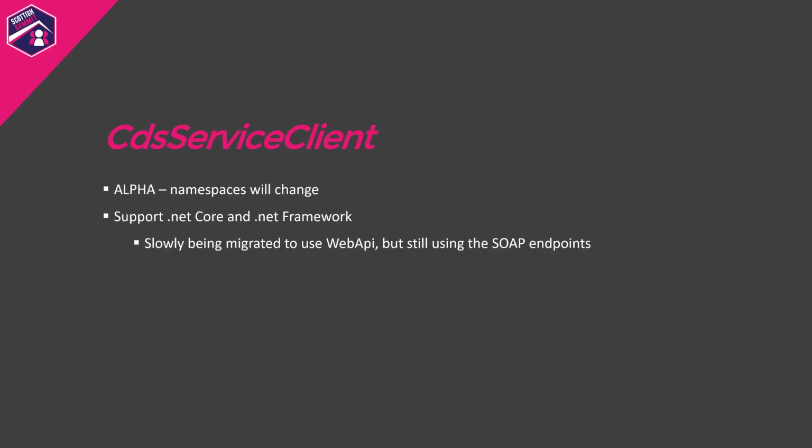CDS Service Client is alpha. It's not for production use at the moment. Namespaces may change. It supports .NET Core and .NET Framework, and it does use the SOAP endpoints, but again, it's been migrated to use the Web API. It's virtually unchanged from the Crm Service Client, so it's a familiar style.